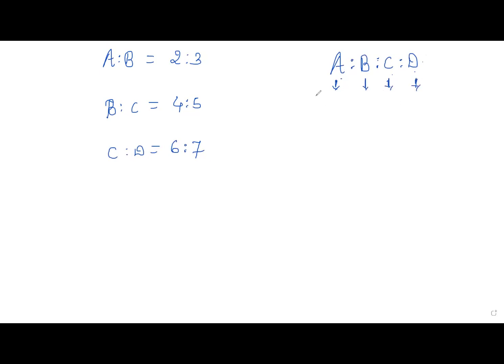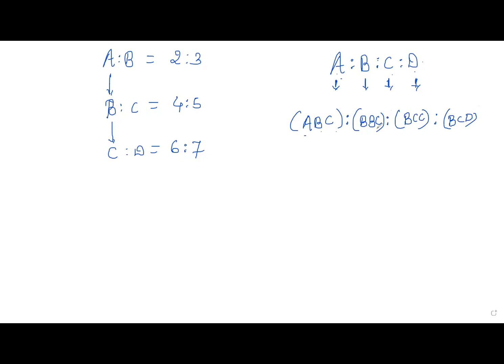How? Look at this. For A, we are taking the multiplication of A, B, C. Then for B, it will be B, B, C. For C, it is B, C, C. And for the last term, we are taking the product of B, C, D. So here A, B, C, multiplying these terms first.